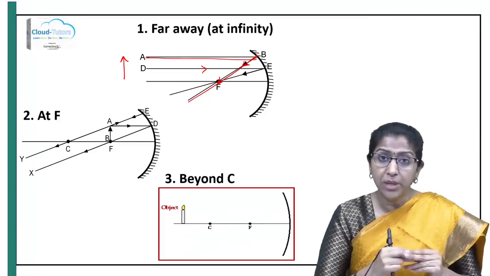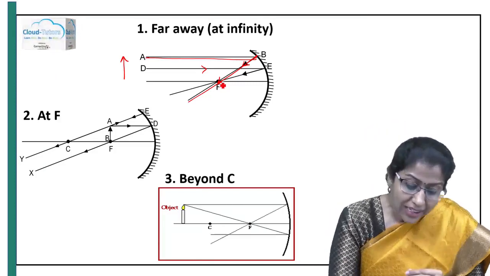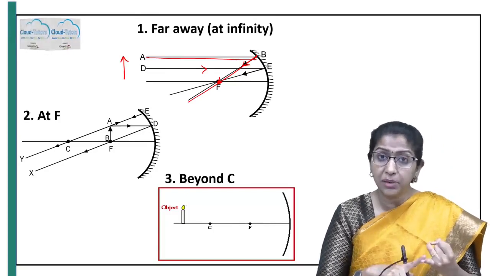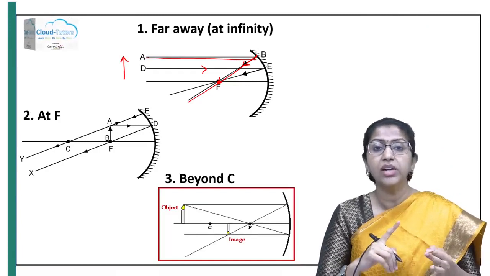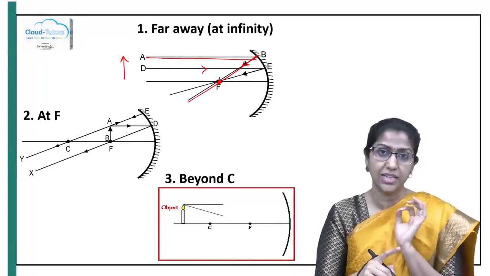So what kind of image is formed? There is an image that is formed at the focus itself. What is the nature of the image? It is real and inverted. What is the position of the image? It is formed at F. And what is the size of the image? It is highly diminished and it is point sized.